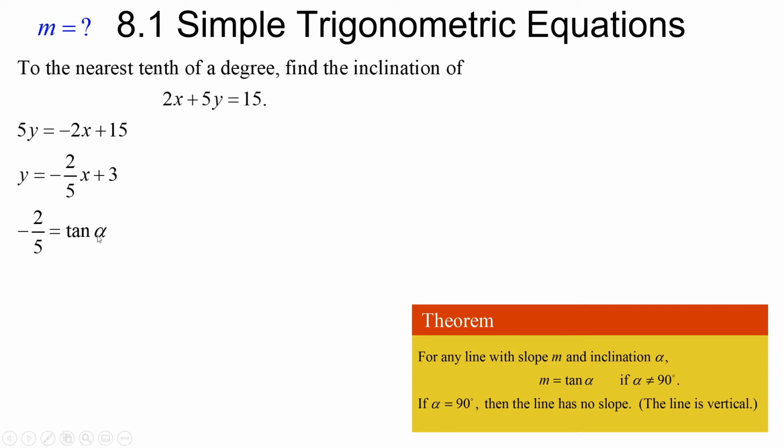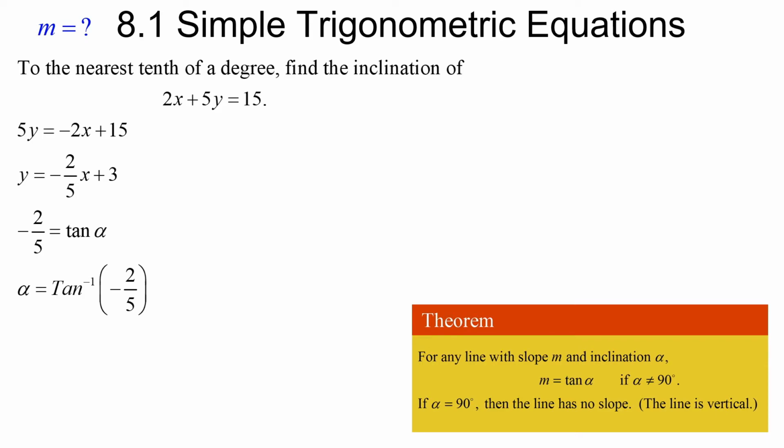And how do we solve for that alpha? Well, we're going to have to go inverse tangent. So alpha equals inverse tangent of negative 2/5. All right, and there's my exact answer right there. And down the road, I'm going to show you how to get an exact answer without your calculator. For right now, we're really practicing with our calculators here. So let's all punch this out. And what mode do I need to be in?